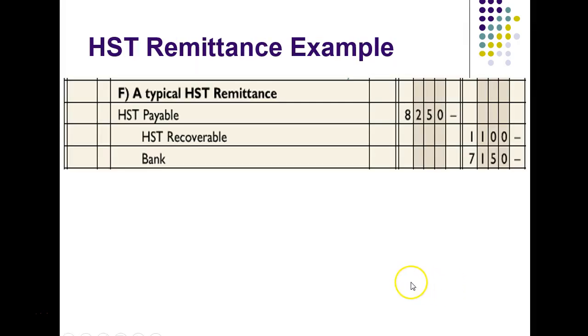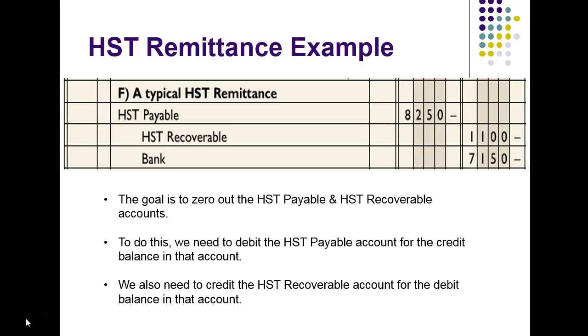So the example again in the back. To zero out the HST payable and the HST recoverable accounts, we need to do this. We need to debit the HST payable because it normally has a credit balance, so we want to do the opposite. And we also need to credit the HST recoverable account because normally it has a debit balance and we want to zero it out.